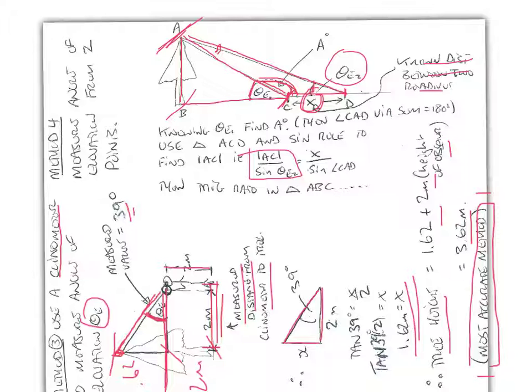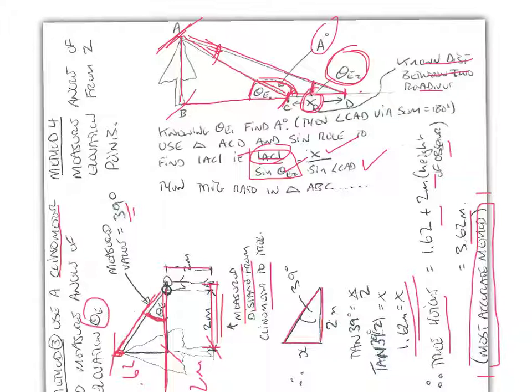Knowing that, we can find AC, because angle A plus angle theta E2 from 180 will give us this angle here. So this is known, this is known, and this is known. So we can find the length of AC.